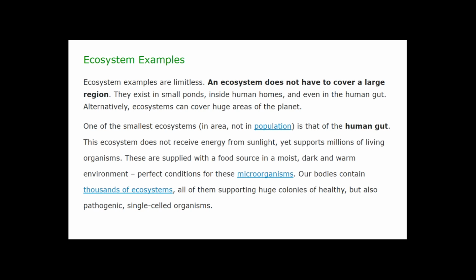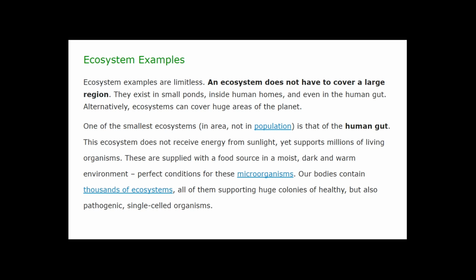These are supplied with a food source in a moist, dark, and warm environment, so the perfect conditions for microorganisms. So our gut basically being warm, dark, and moist provides perfect conditions for microorganisms to live, and therefore they will go there.